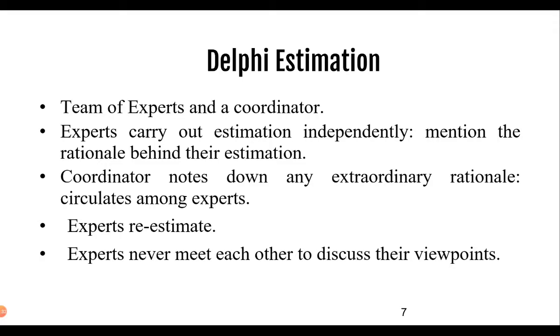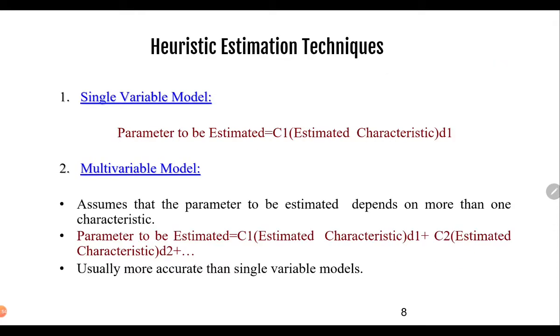And here a team of experts and a coordinator is involved. So it maintains a hierarchical position where there is a coordinator and a team of experts involved for every project planning activity. The experts carry out their estimations independently.